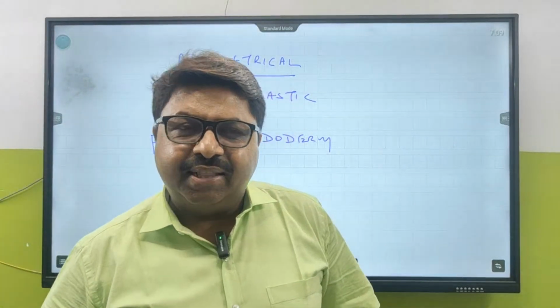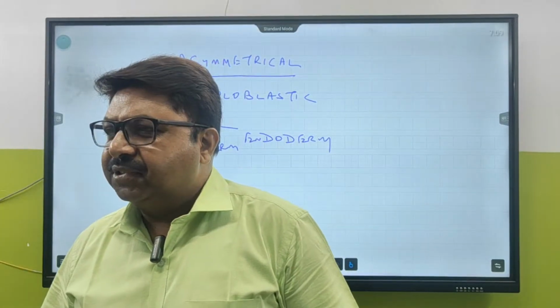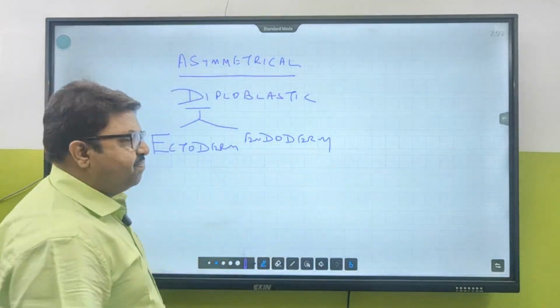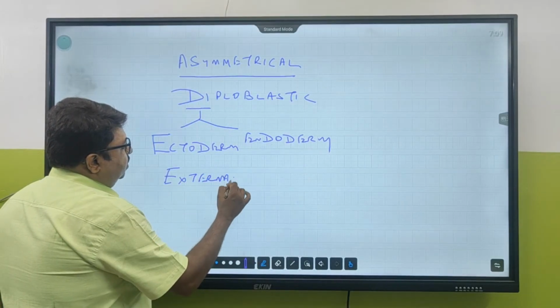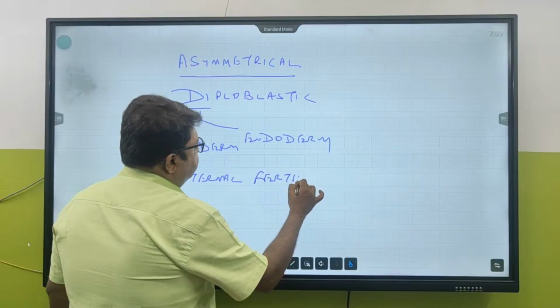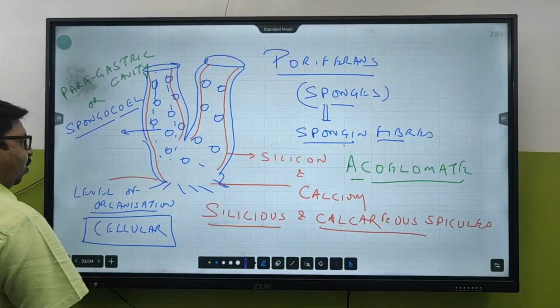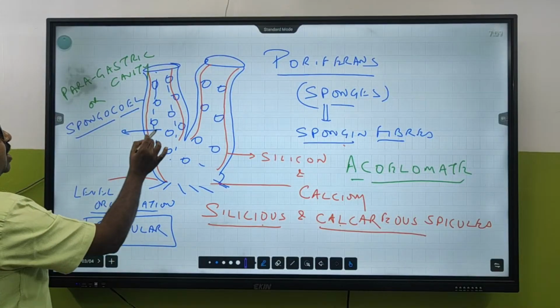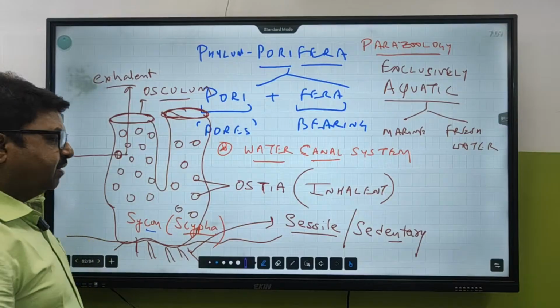What kind of fertilization do they show, external or internal? They show external fertilization. When we talk about the water canal system, water gets inside through ostia and goes out through the osculum.